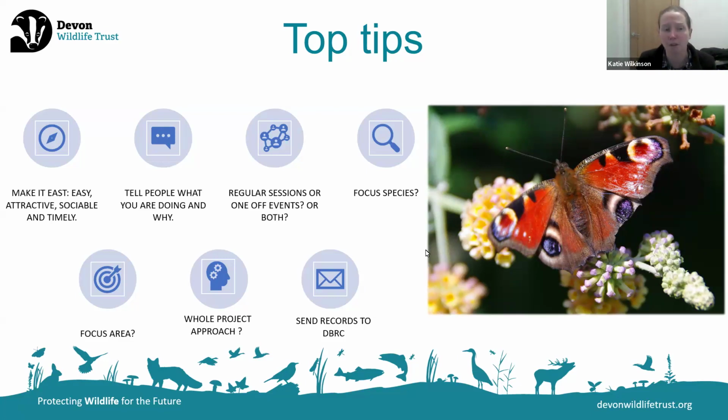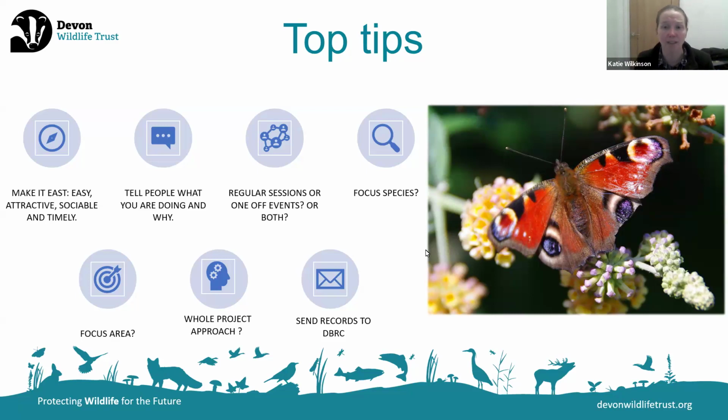Do you want to focus on an area in your community? So, for example, do you want to survey a playing field that seems devoid of wildlife, and collect what we call baseline data? That will show you what you've got now, and once you've made improvements on the space, you can look back at your baseline data after you've surveyed it again, and see how you've improved it.